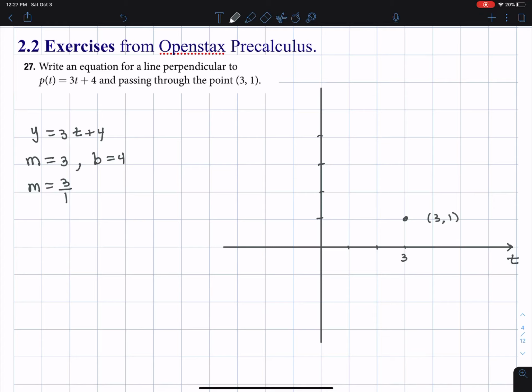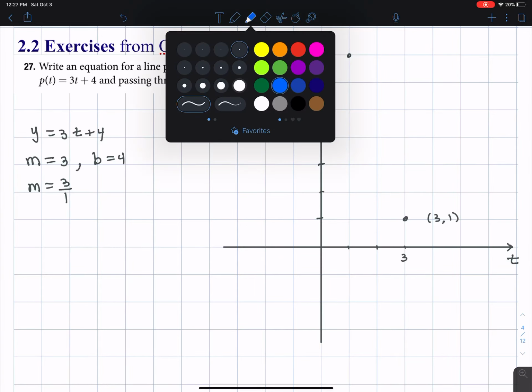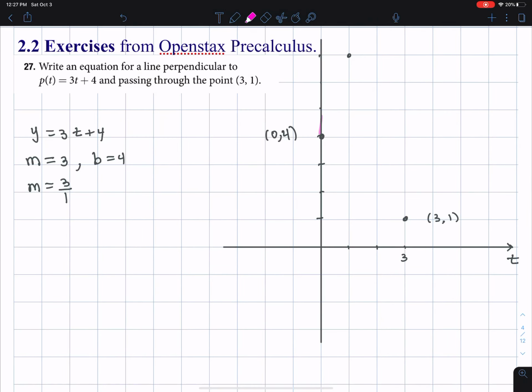So that means the rise over run is 3 over 1. So if I start at the intercept, (0, 4), to get another point, I can go up 3, 1, 2, 3, and over 1. That'll give another point. So you see what I'm doing is making a little right triangle, where I go up 3 and over 1.